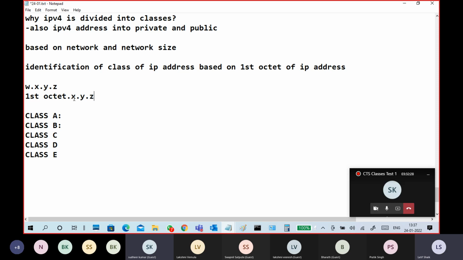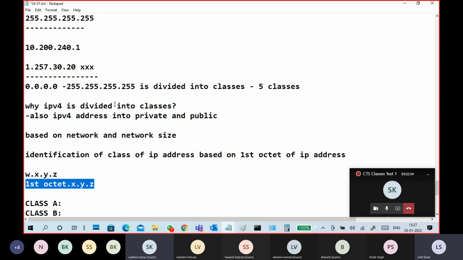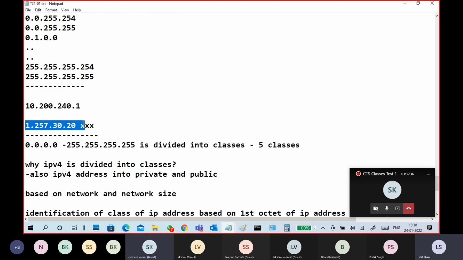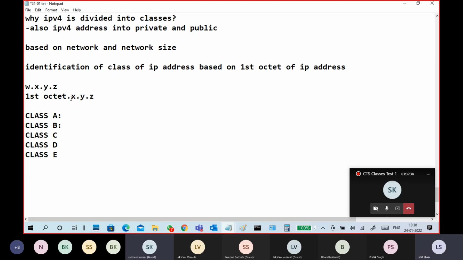Later we can verify whether the address is valid. For now, we only verify the first octet to decide if it is class A, B or C.